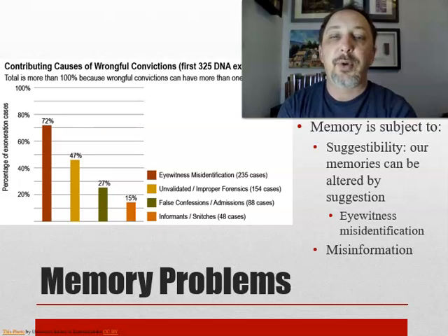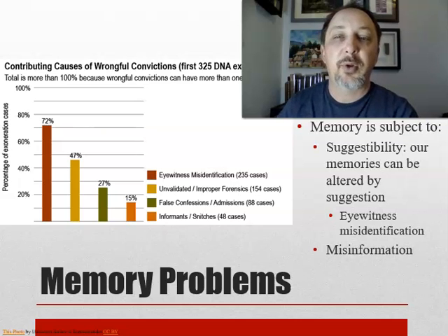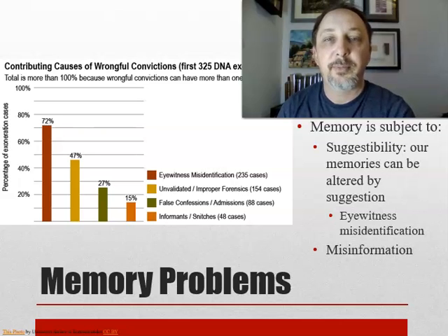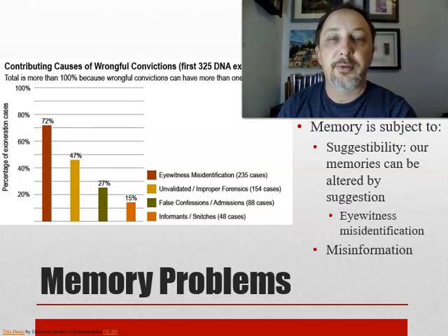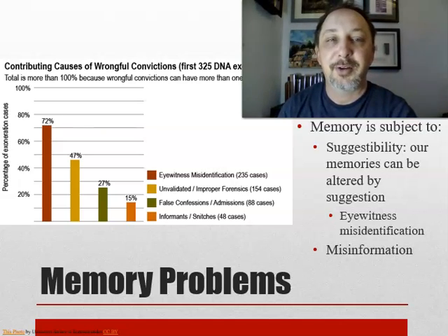But the biggest one is eyewitness misidentification. Right? Convictions can be based on more than one cause, but 72% of these wrongful convictions, just the first 325 DNA exonerations, were eyewitness misidentification.